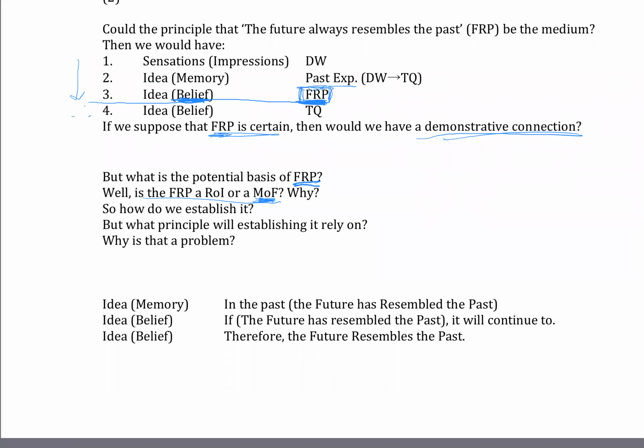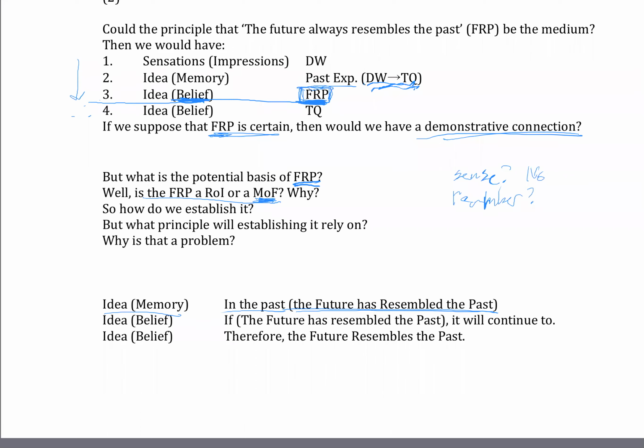But that's in the past. It's dead and gone, just like my past experience of drinking water and my thirst being quenched was in the past, dead and gone. And so it doesn't seem like I can establish that right now the future resembles the past only on the basis of my past experience that in the past, the future resembled the past.